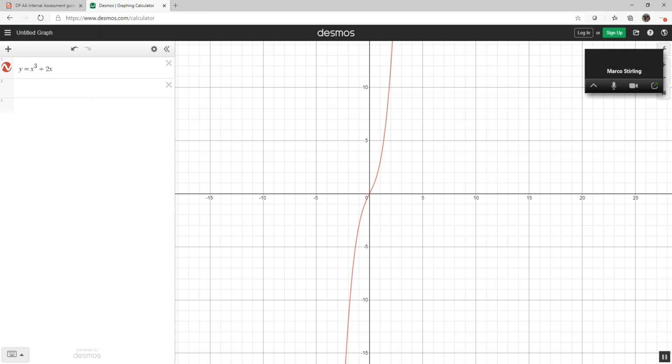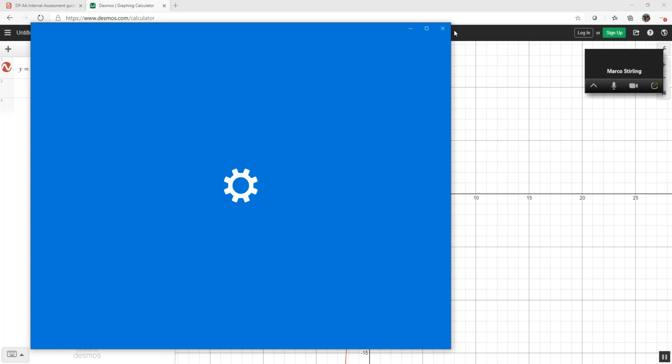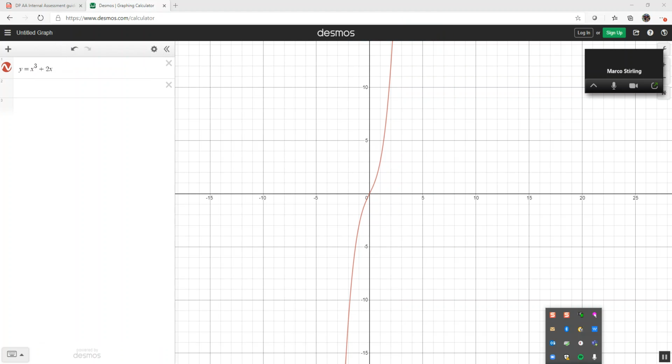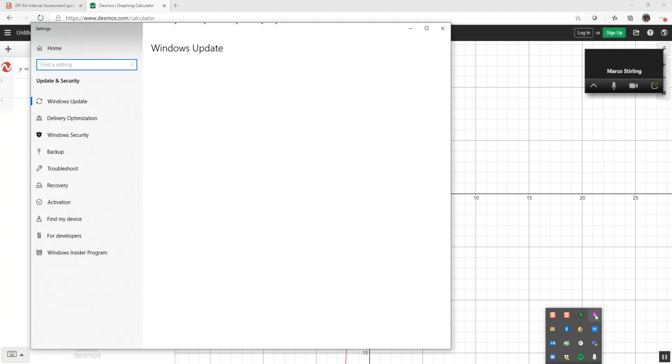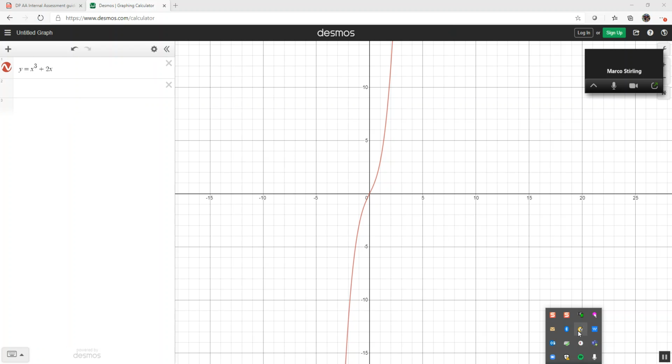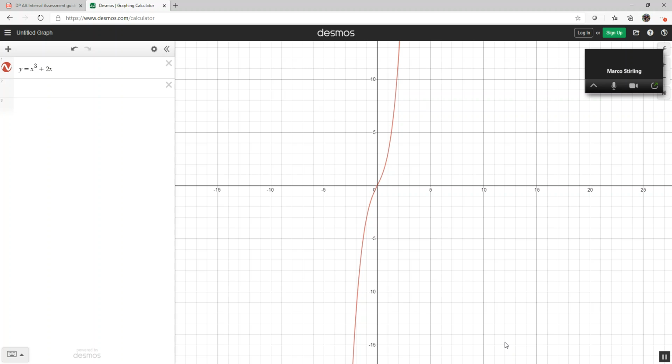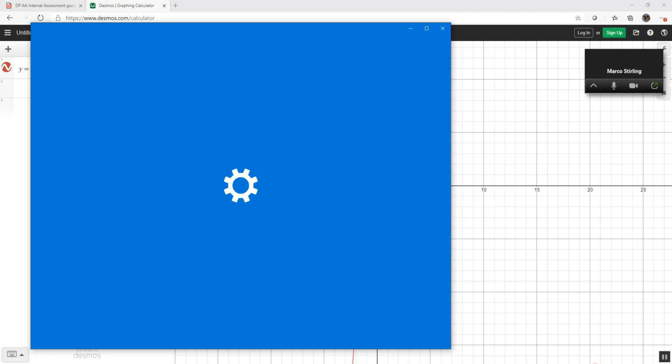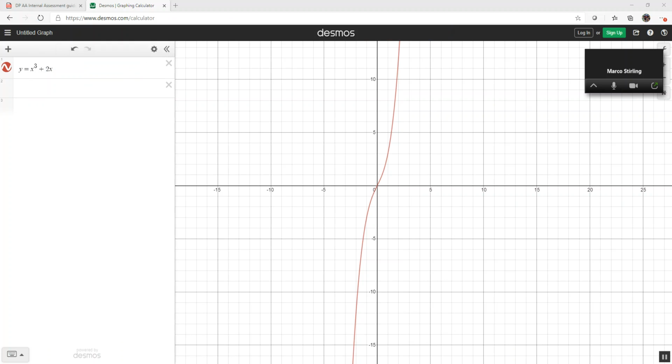Let me just draw on this to make that more clear. How do I do this? I keep clicking on the same thing.